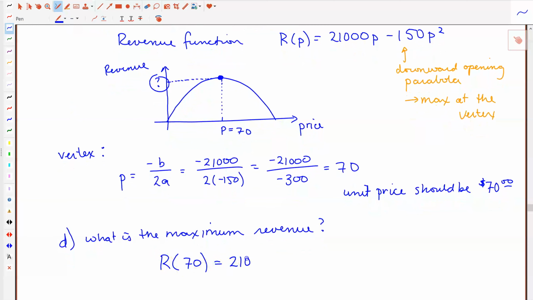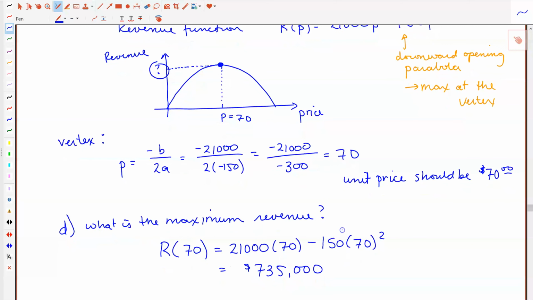I'll have 21,000 times 70 minus 150 times 70 squared. You can pop that into your calculator and you'll get $735,000 is the maximum revenue that would be expected. And the price at which that maximum revenue occurs is $70.